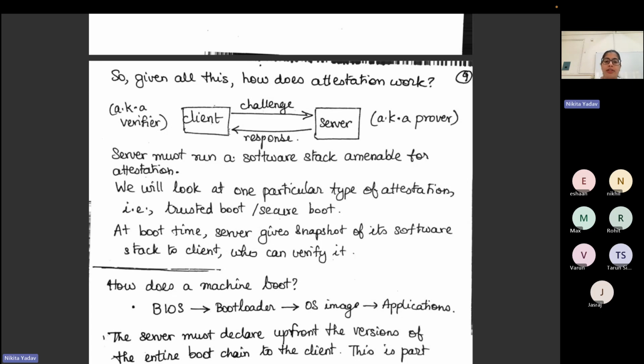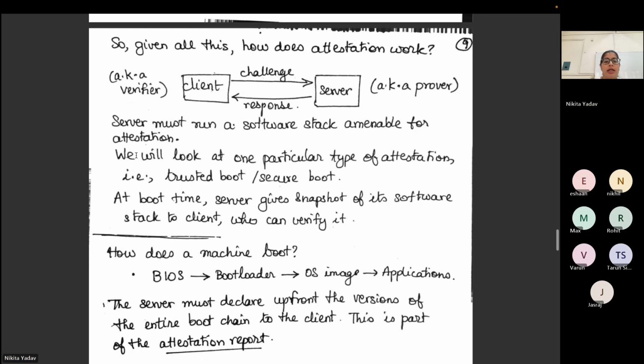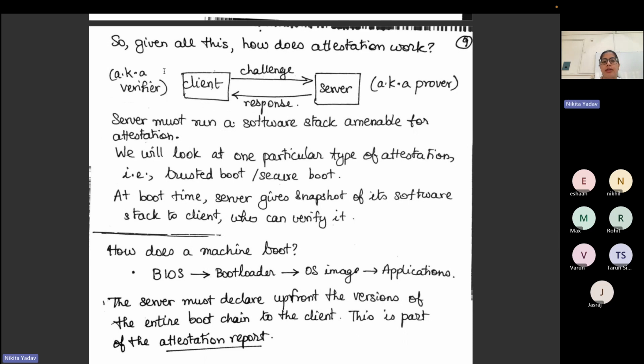Then the server sends a response saying, here is my software stack and this is the proof. And then you, as the verifier, can take these software stack details and the proof and verify it. Now, the server must run a software stack which should support attestation.